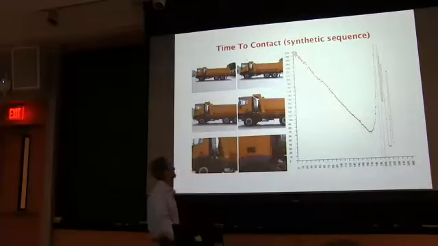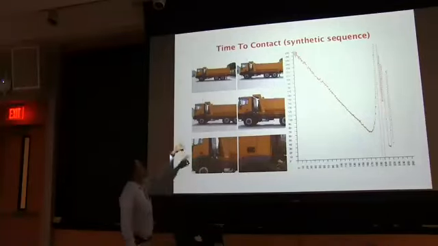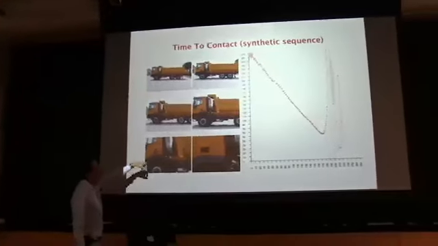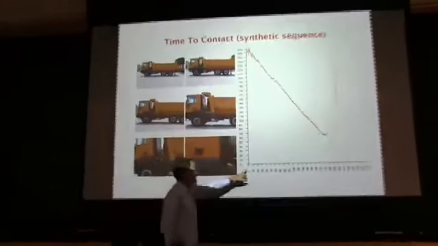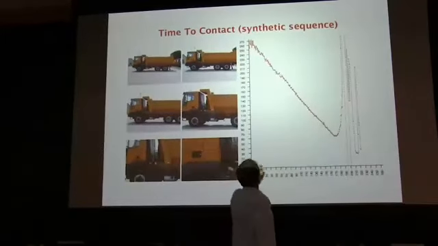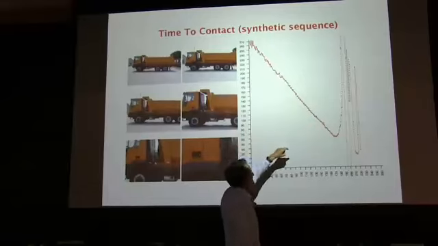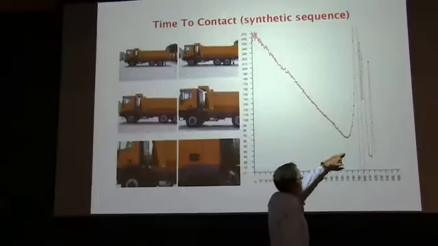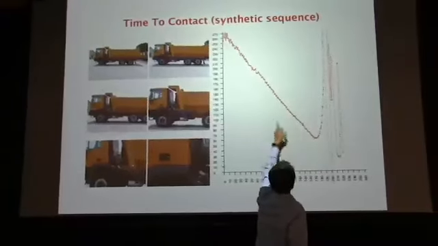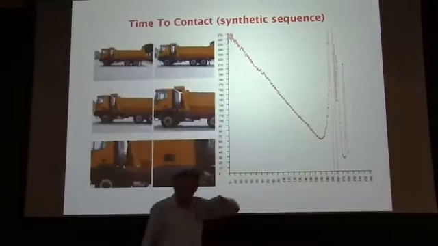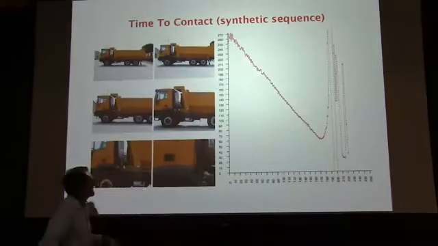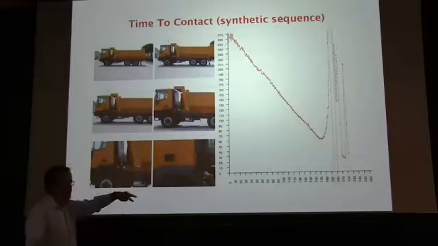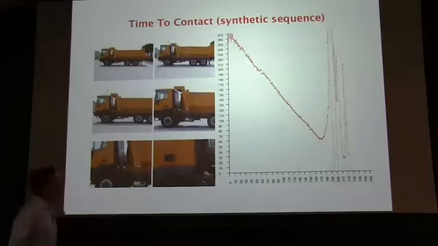Here's an example where we're approaching this truck, and over here is a plot, time horizontal, and vertical is the computed time to contact. The red curve is the computed value, and the barely visible green dotted line is the true value. In the process, we expose another concept, which is the focus of expansion.